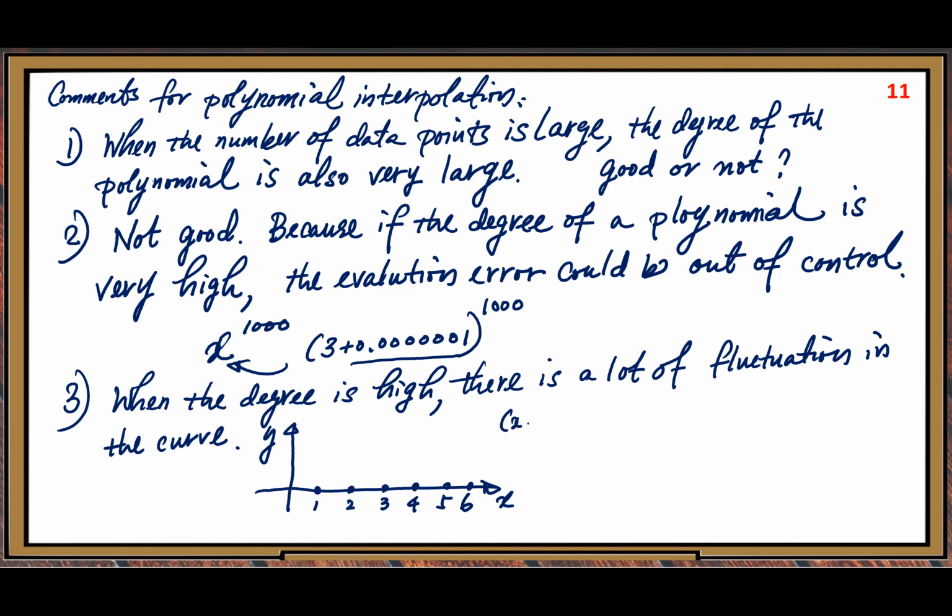So the polynomial is x minus 1 times x minus 2 times x minus 3 times x minus 4 times x minus 5 and x minus 6.